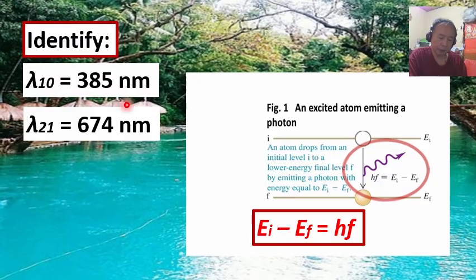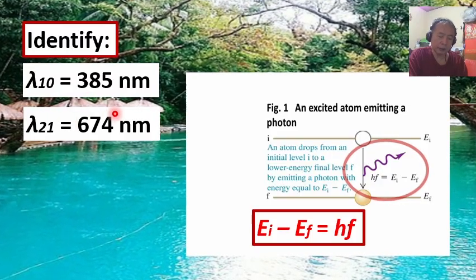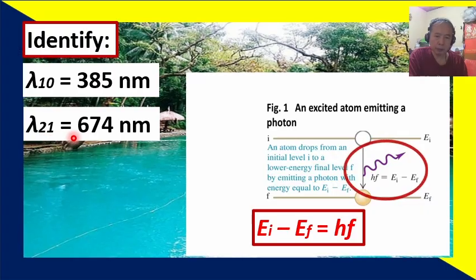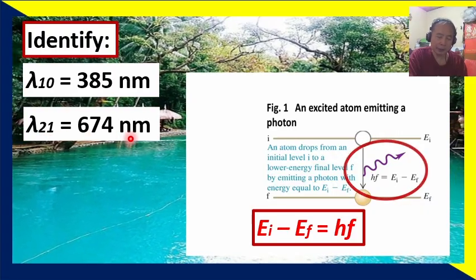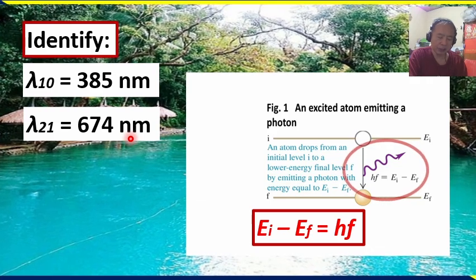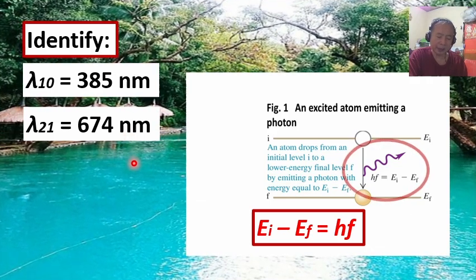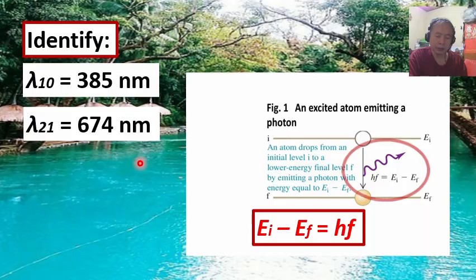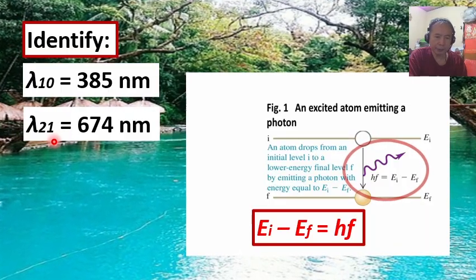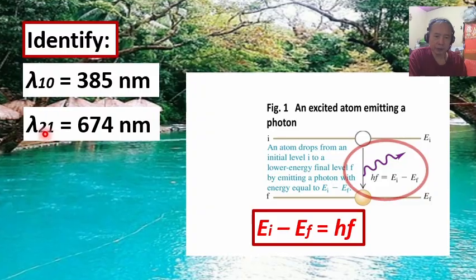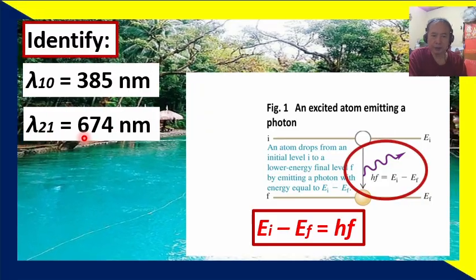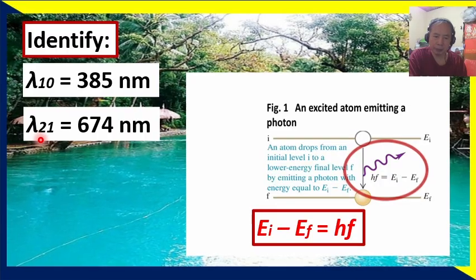And a photon of wavelength lambda sub 21 equal to 674 nanometers when it transitions from the second excited level to the first excited level. Hence, the notation for this wavelength is lambda sub 21.